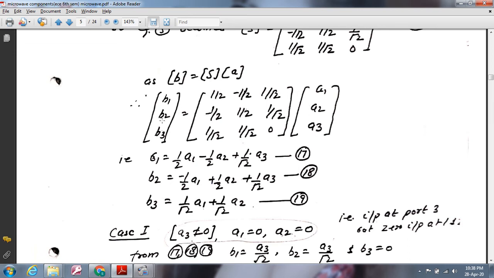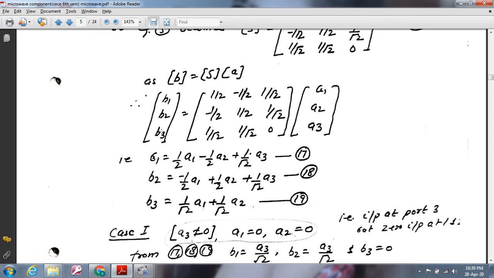Similarly, B2 will be minus 1 by 2 into A1 plus 1 by 2 into A2 plus 1 by root 2 into A3.